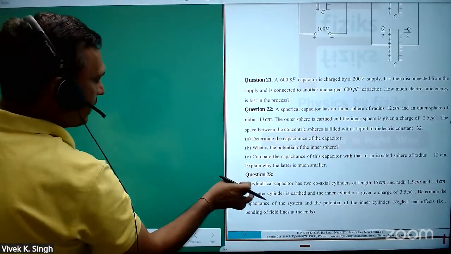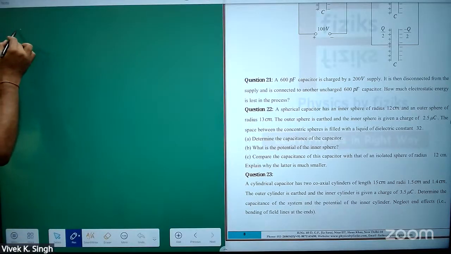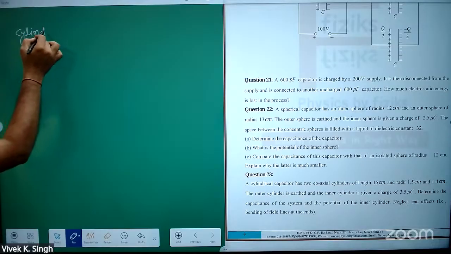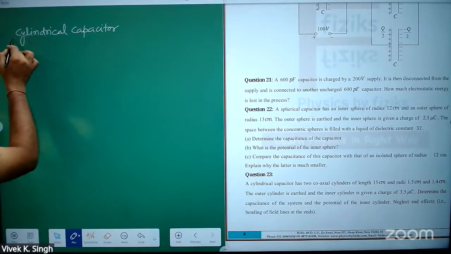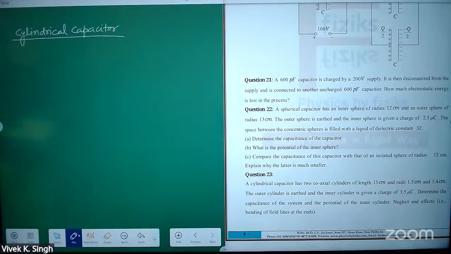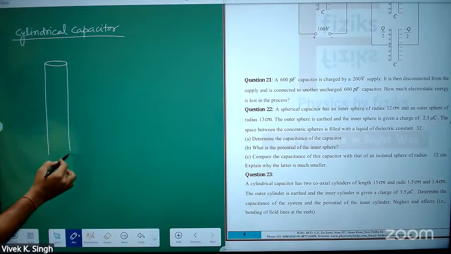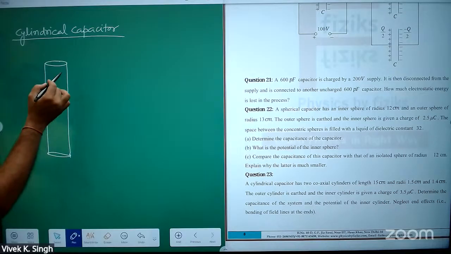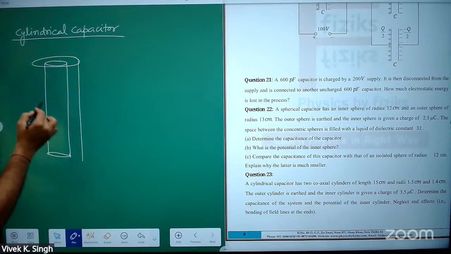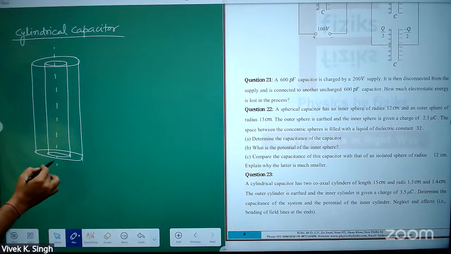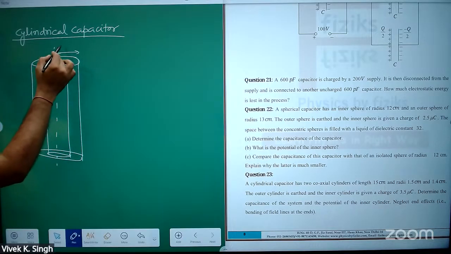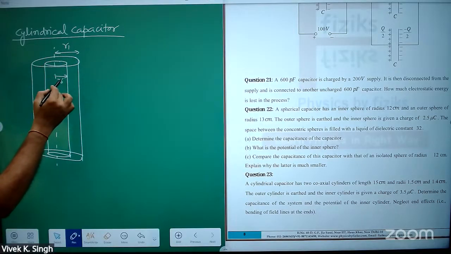In case of a cylindrical capacitor, which formula will you use? Let's see, the length of the cylinder is L. I am taking the outer radius as R1 and inner radius as R2.